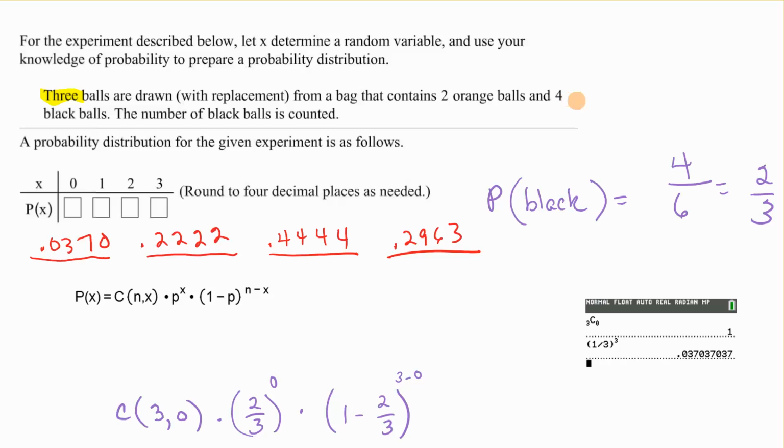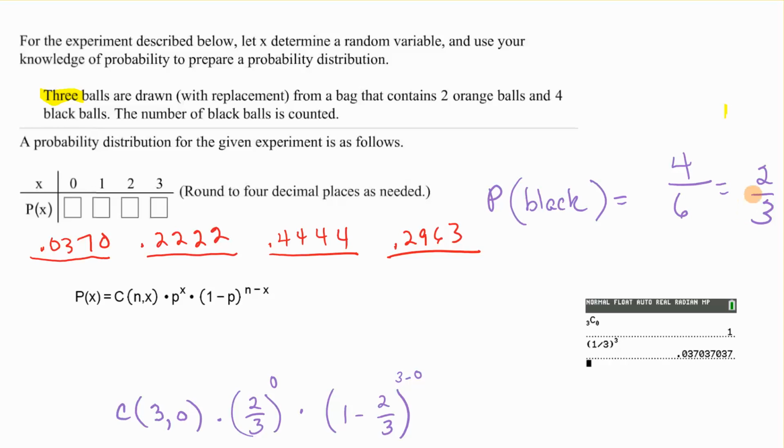We have 6 total. The number of black balls is counted. So we want to get the probability distribution. We're talking about black. How many black are in there? 4. So the probability that you're going to draw a black is 4 out of 6. That's 2/3. So 2/3 is our p.